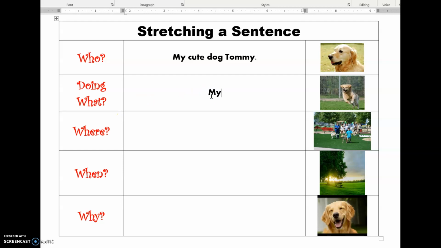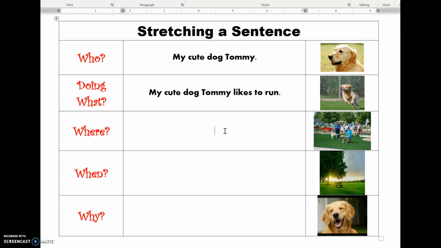So I'm going to say my cute dog Tommy likes to run. And see, I have a picture of Tommy in my head running, right? Now, is that enough? Is that all? It makes a lot of sense, right? My cute dog Tommy likes to run. It's a good sentence. How can I stretch this even more?